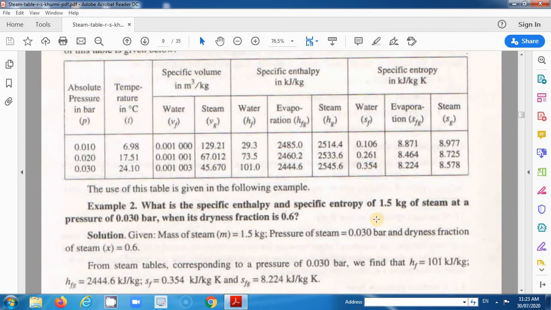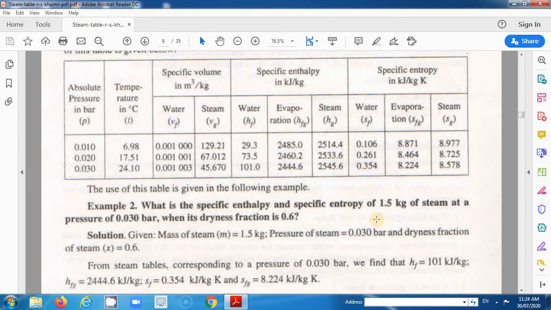So again, how we can make use of this steam table, now we see. Example: what is the specific enthalpy and specific entropy of 1.5 kg of steam at a pressure of 0.030 bar when its dryness fraction is 0.6? What changes have they made? Again they have asked specific enthalpy and specific entropy.